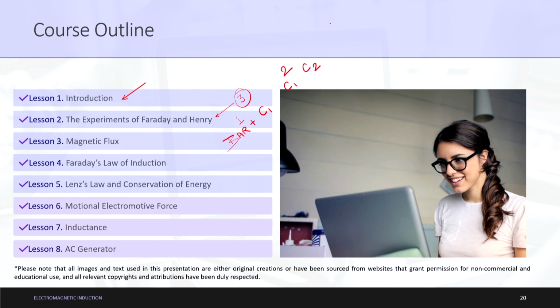The third experiment also comprised 2 coils, but with one coil having a tapping key. So, these were the 3 experiments we talked about in the last lecture.